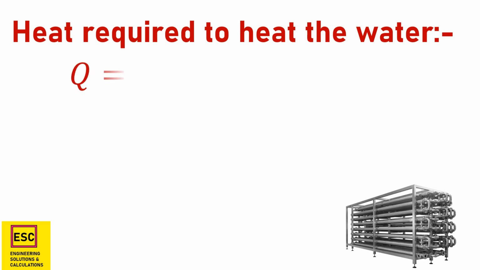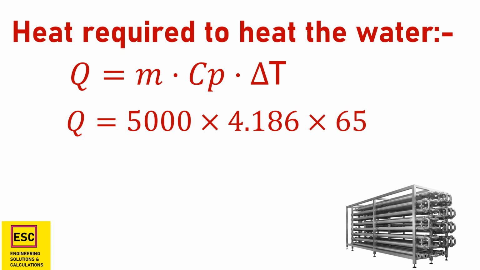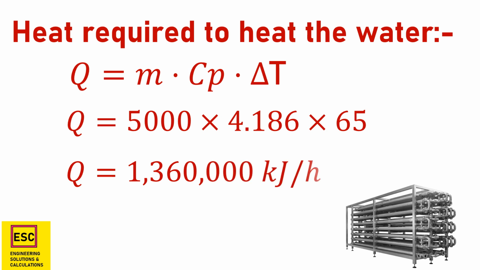The formula is Q equals m Cp delta T, that is 5000 into 4.186 into delta T, 65, and the available heat is now 13 lakhs 60,000 kilojoules per hour.